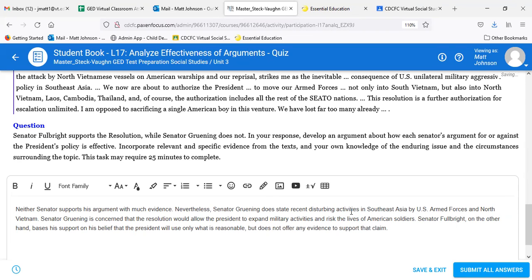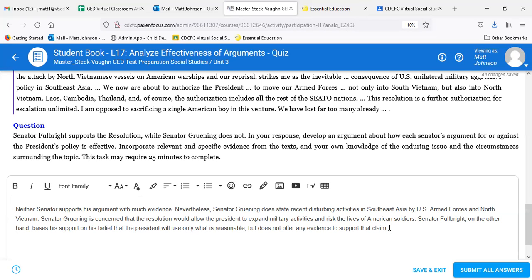Okay. So basically, we make sure that we discuss both passages. We show that Senator Gruening offers more evidence, makes a better case. Senator Fulbright, though, bases his support basically on feeling and belief, not on evidence.